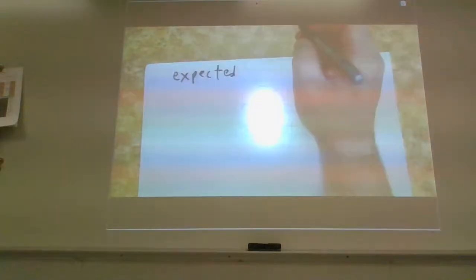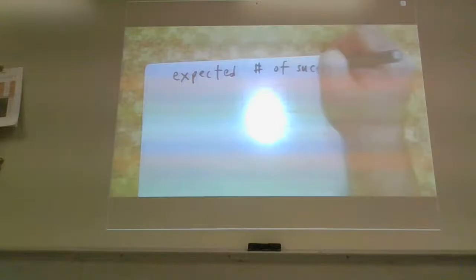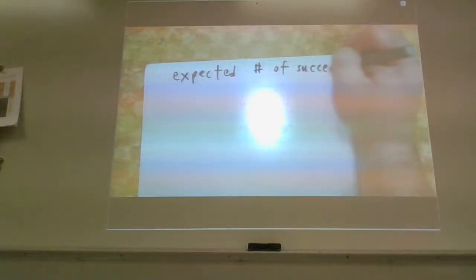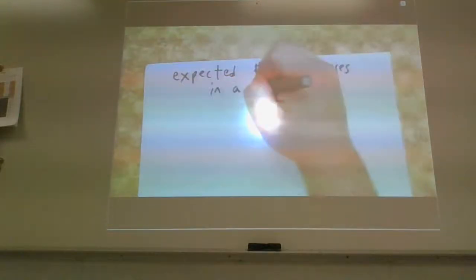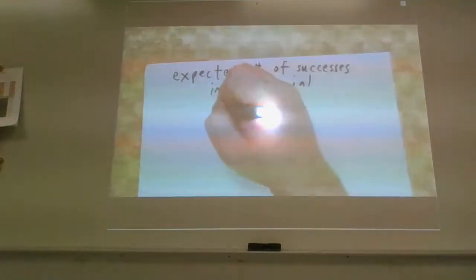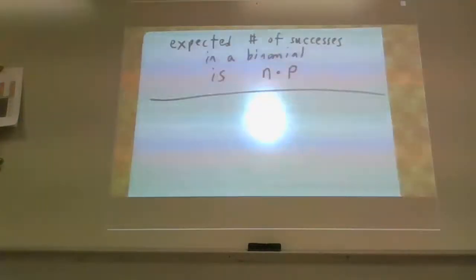Expected number of successes in a binomial is n times p, meaning the number of trials times the probability of success.